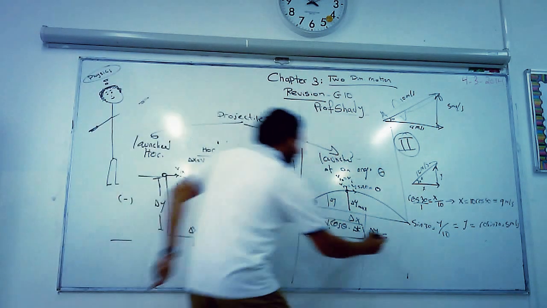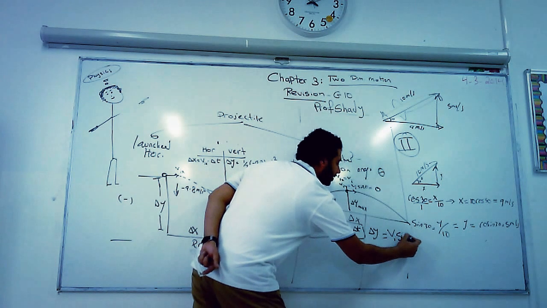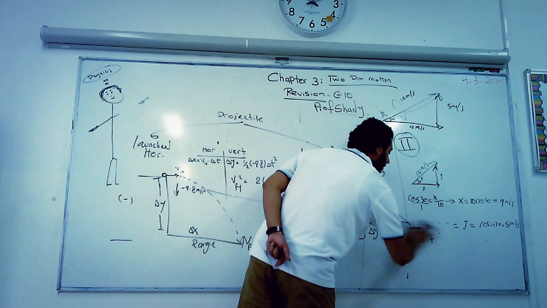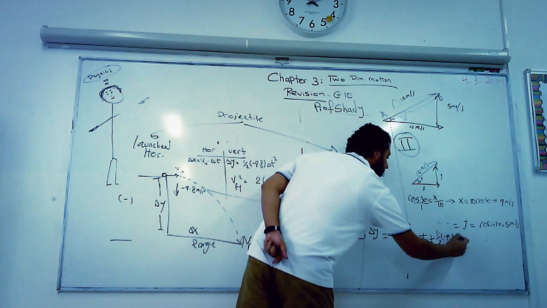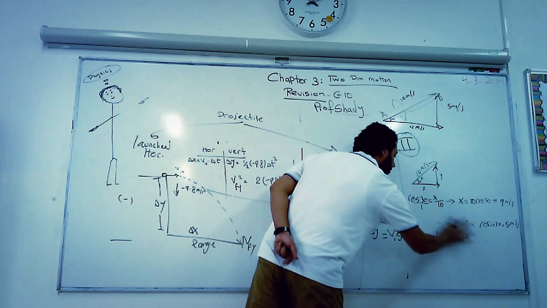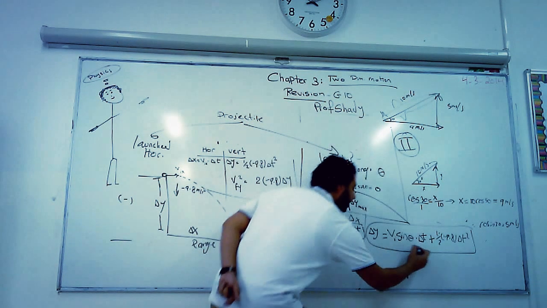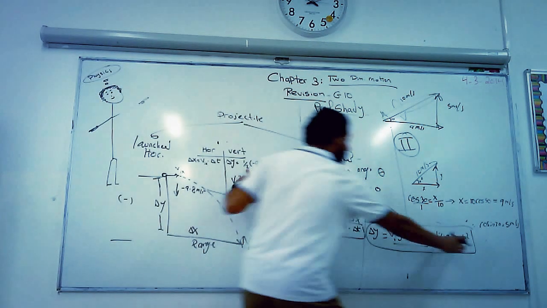So delta y is equal to VI sine theta delta t plus half times negative 9.8 delta t squared. I just added VI sine theta delta t, and it has the same second part.